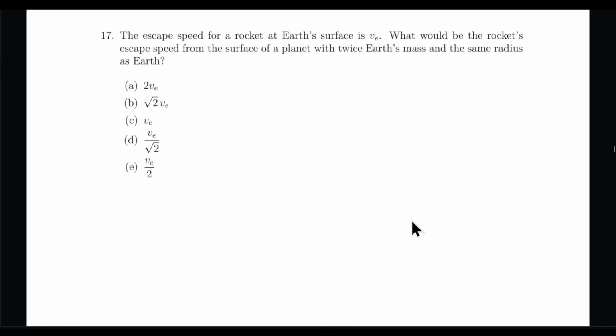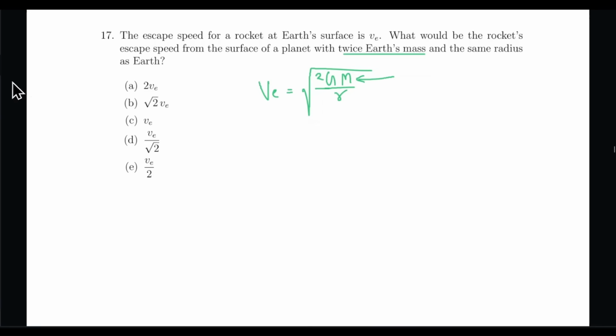Okay. Escape velocity for a rocket at Earth's surface is VE. What would be the rocket's escape velocity from the surface of a planet with twice Earth's mass and the same radius? So escape velocity is given by square root of 2GM over r. And they are saying that the mass is doubled over here, right? The radius remains the same.